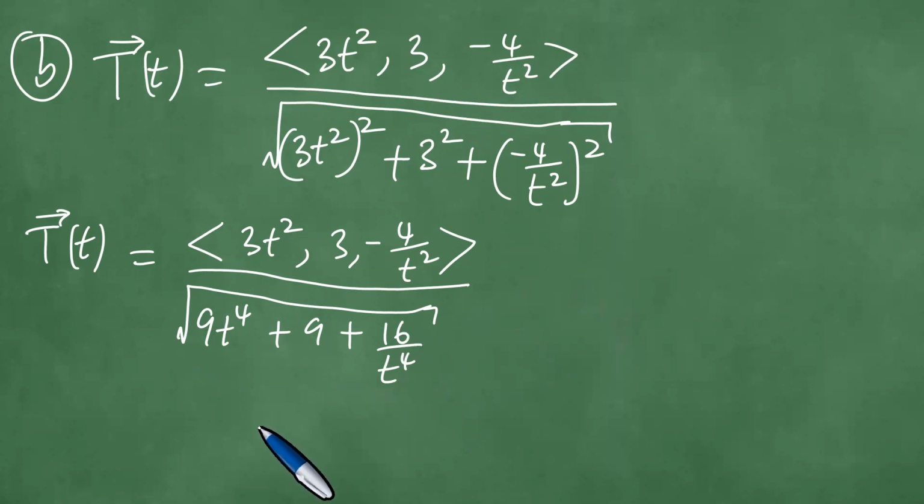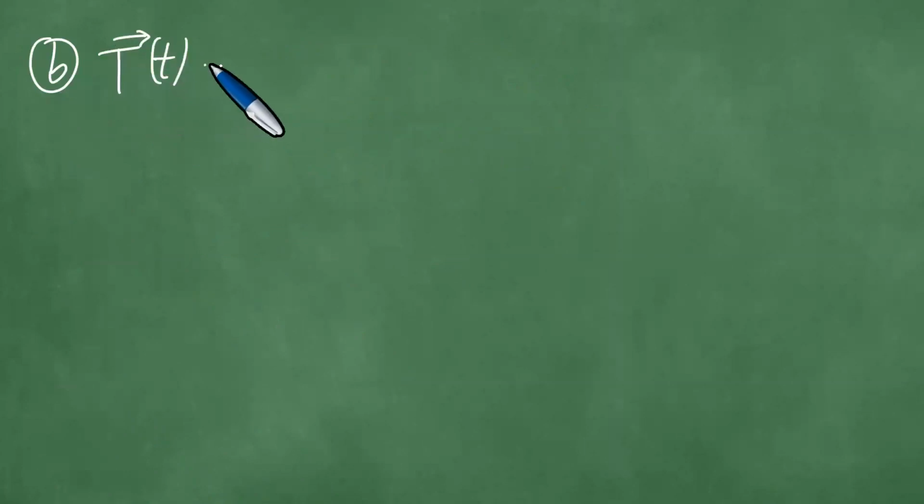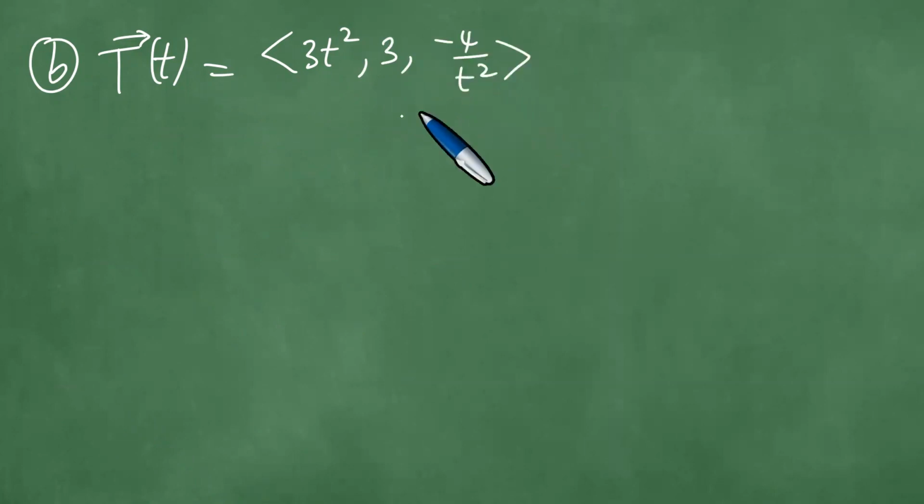And now what do we do with all of this? As a matter of fact, we're able to look at this and analyze this with much caution. Remember, we are still looking at part B, so this vector is 3t squared, 3, minus 4 over t squared.